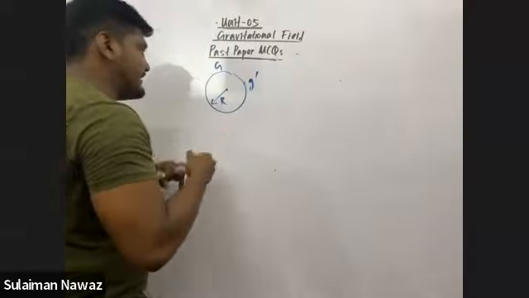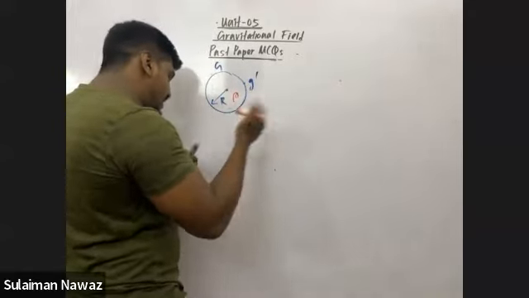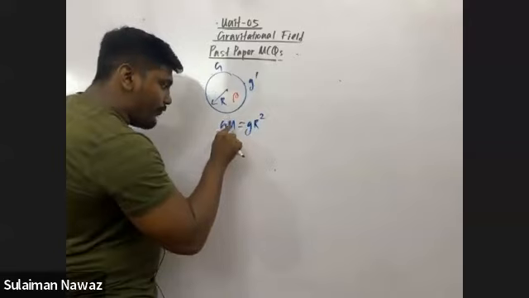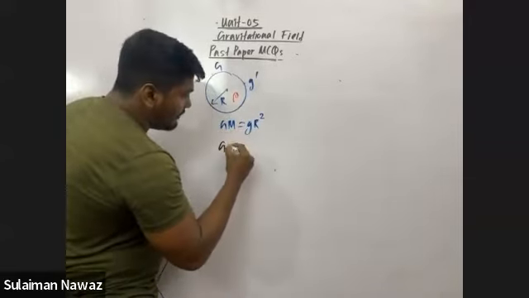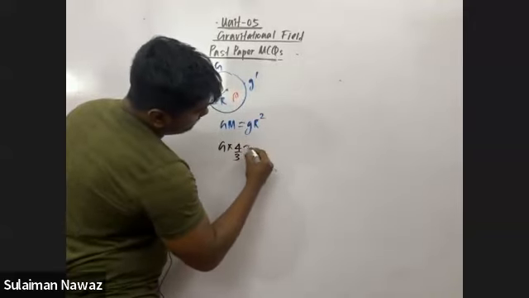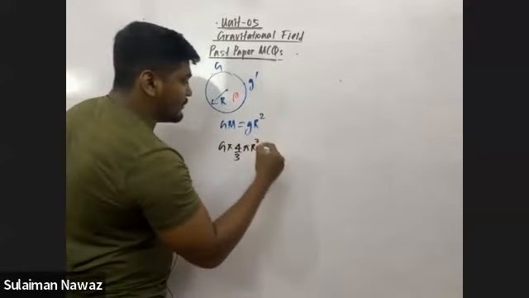If you want to find density, what is the equation you want to apply? G capital M equals g R squared, where g is g dash here. Now mass means volume into density. Volume of a sphere is 4/3 pi R cubed, and the density of the sphere is rho.